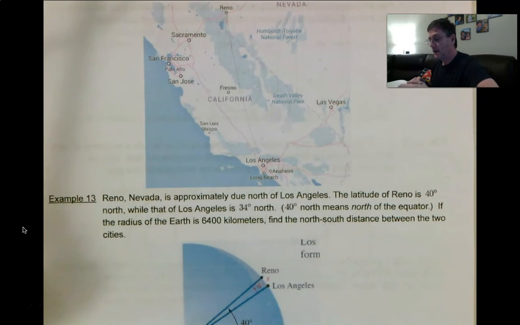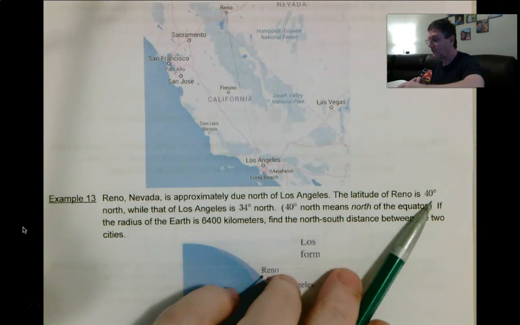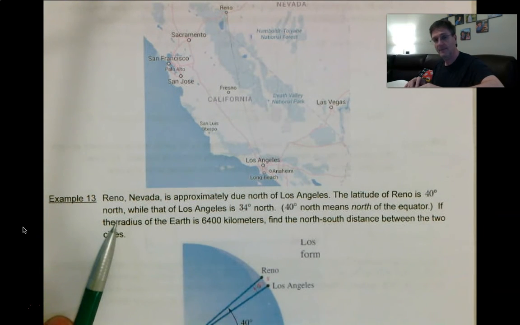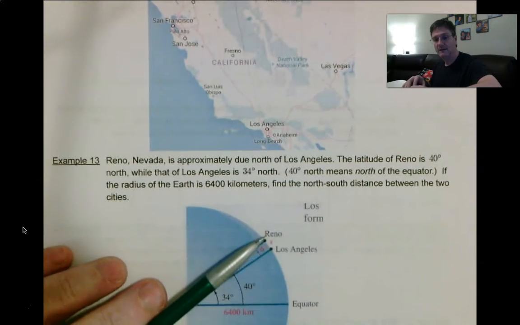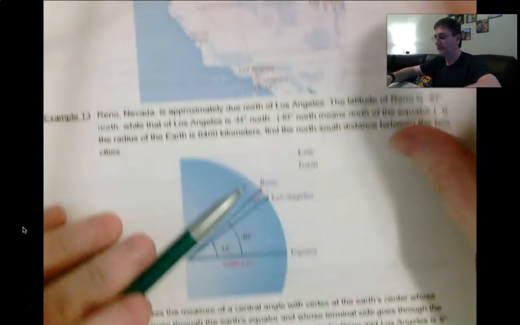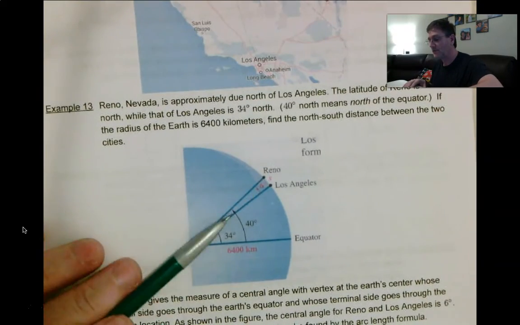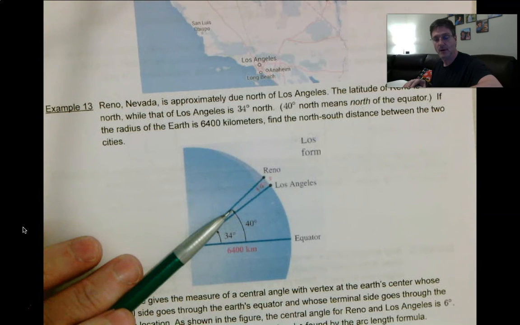Okay. Difference is Reno is sitting at 40 degrees north. That means its latitude, the circle that goes around parallel to the equator, is 40 degrees above the equator.